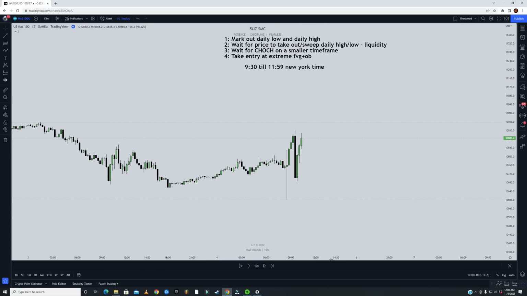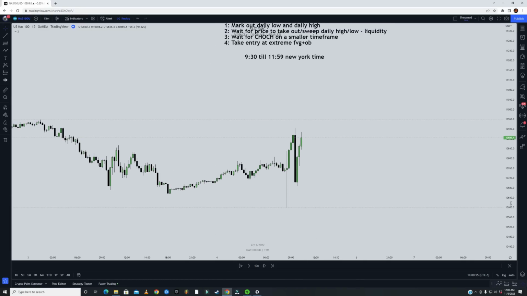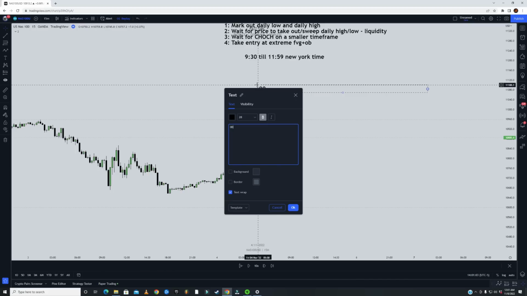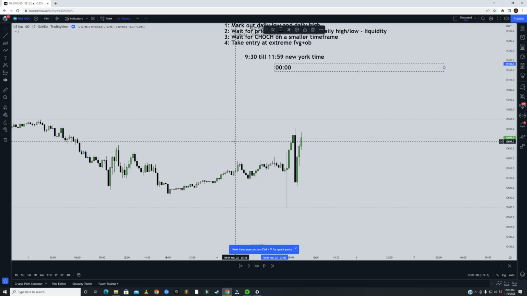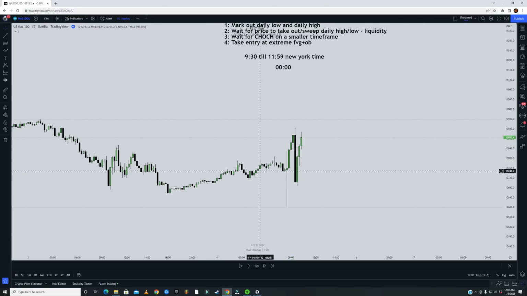So how do you identify the daily low and daily high? You want to mark out the New York open. So the New York open is at this time, 12. You want to mark it out, or you could just watch it.